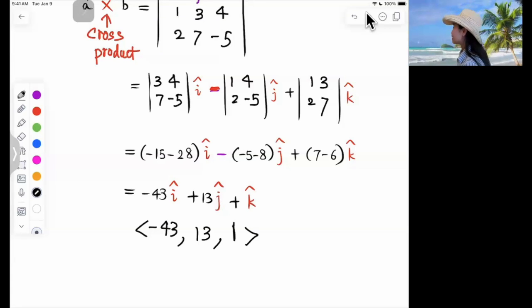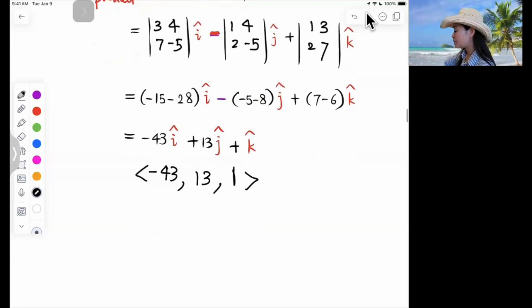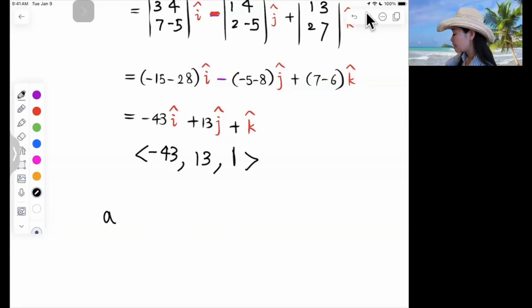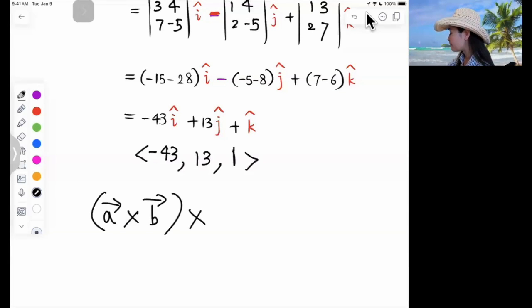Later on you can cross again, but you will first get the result of the cross product of the 2 vectors, then you can cross again. So the question here is, if you do A cross B, then you can cross another vector again. You first need to get the cross product between 2 vectors, then you get the result here, and you can cross another one.